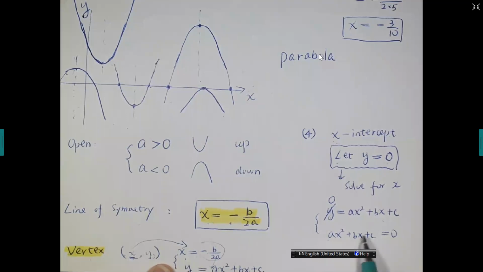If this is not factorable, then we'll use the quadratic formula: x equals negative b plus or minus square root of b squared minus 4ac, and then divided by 2a. That's called the quadratic formula. It can be used to solve any quadratic equation.